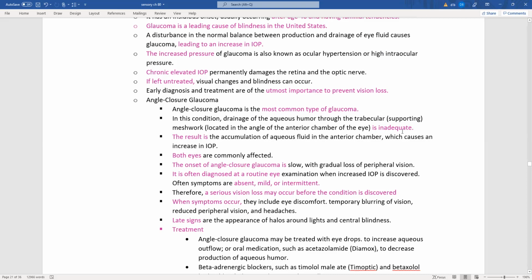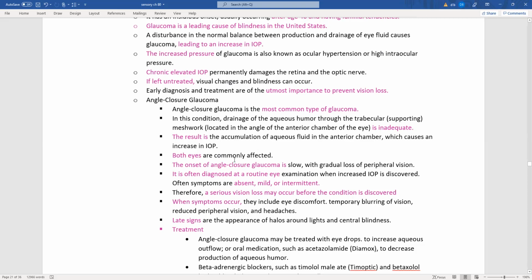So it's inadequate, it isn't working. So now the pressure is building up in the eye. When the trabecular meshwork is clogged up, when it's blocked, that's when the pressure builds up in the eye, because the aqueous humor can't drain like it's supposed to.